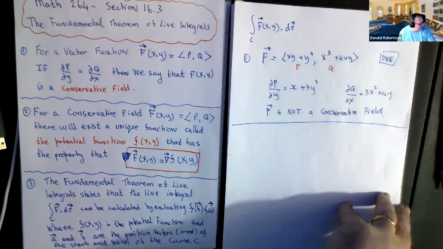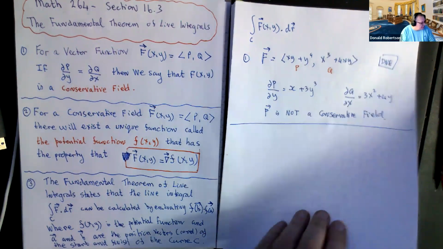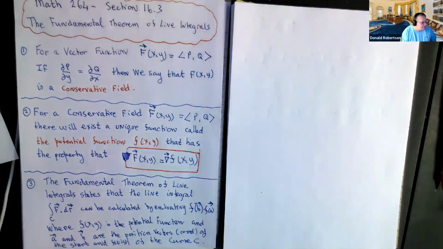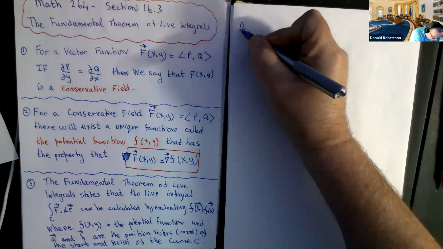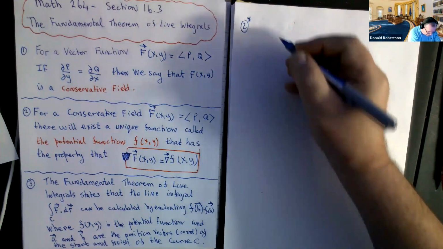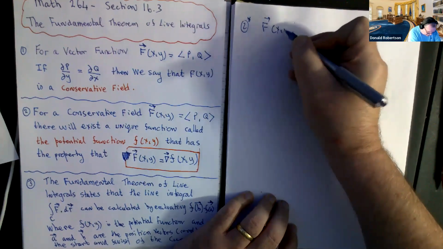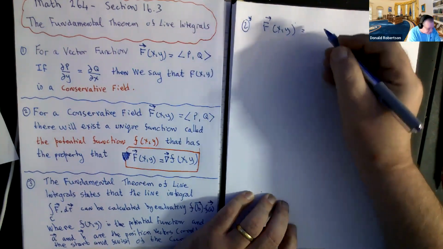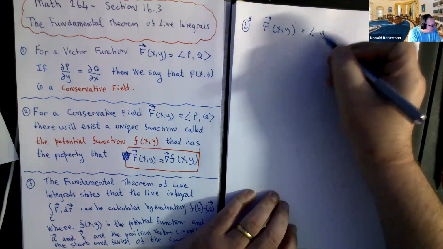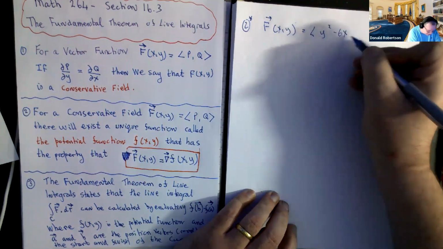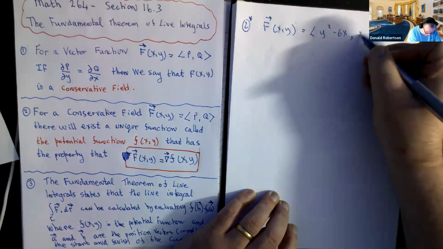So let me go and find a new one that does work, right? That is a conservative field, and then we can work on it. Well, it didn't take me long to find one. Here's an example. The vector function is y squared take away 6x, comma, 2xy.